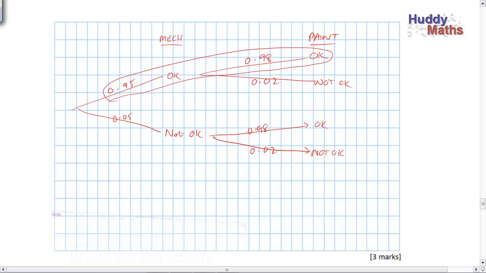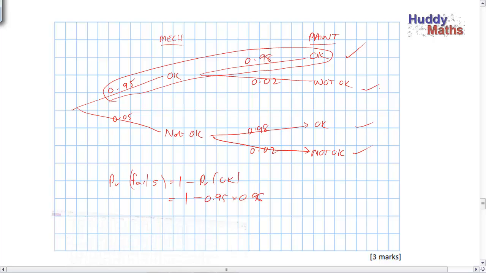Okay, so the probability that it fails is all of these added up. I'm not going to do that, I'm going to do the easy way: 1 minus the probability that it's all okay, because that's 1 minus 0.95 by 0.98, because that's okay, so you want the rest of them.